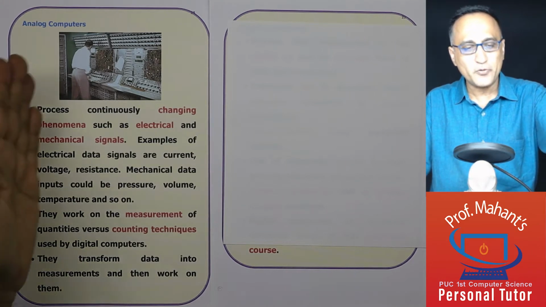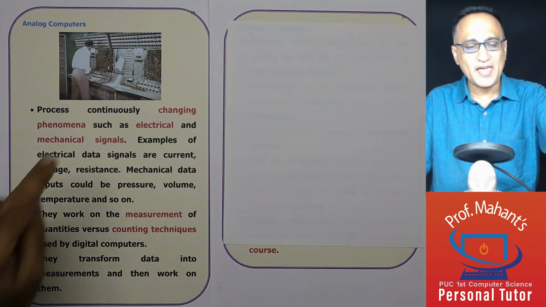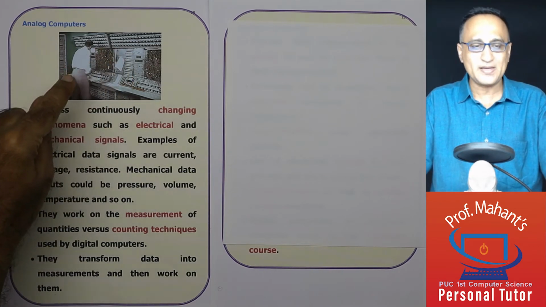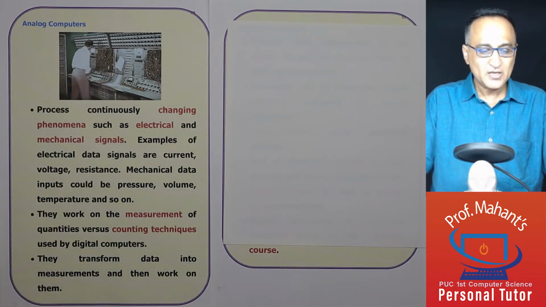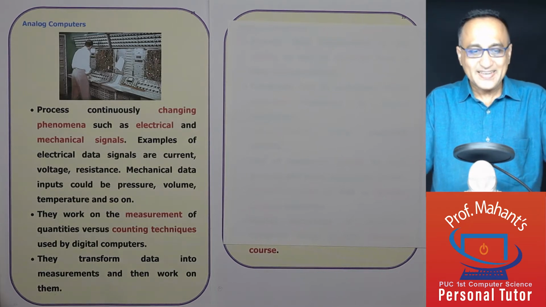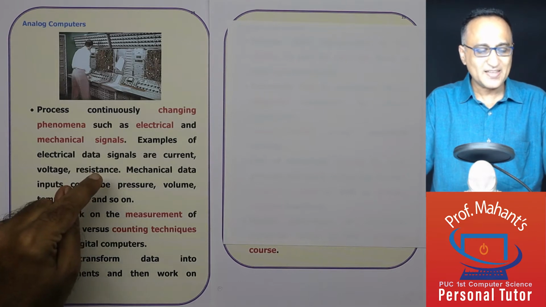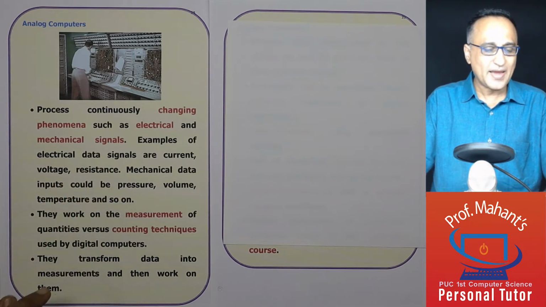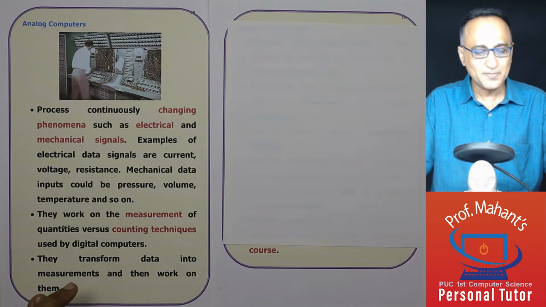So in an analog computer, you can see there's a lot of analog components. It's more like an electromechanical rather than a purely digital machine. They take input values which happen to be resistance or pressure or something, measure them, and then act on these values and produce some result.